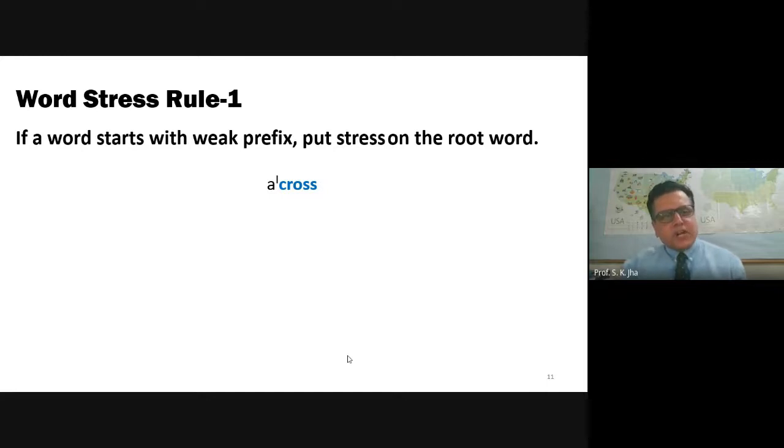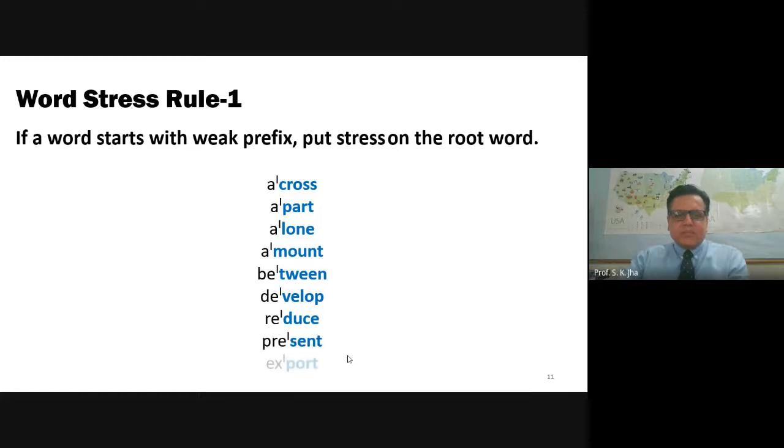If a word starts with a weak prefix, put stress on the root word. For example, I have given you these examples. You see, all these syllables highlighted in blue are getting stress.